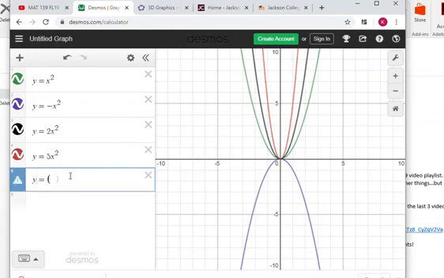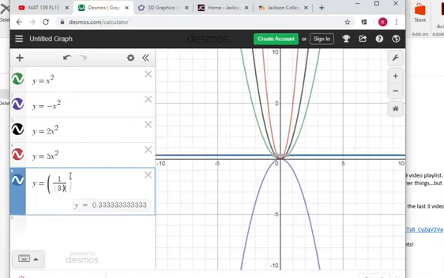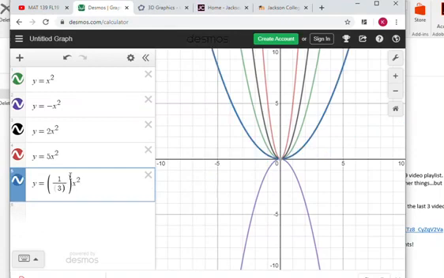If I multiply by a number smaller than 1, say 1/3, now notice it's wider than the original graph. So these multipliers seem to simply be changing the narrowness or width of our original parabola. I'm going to go back to our notes and summarize what we've seen so far.